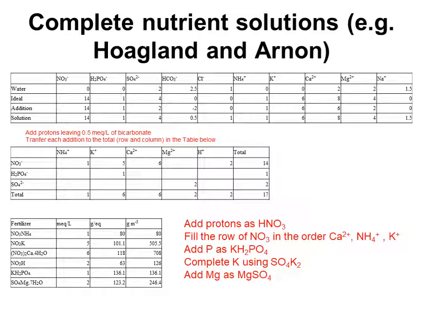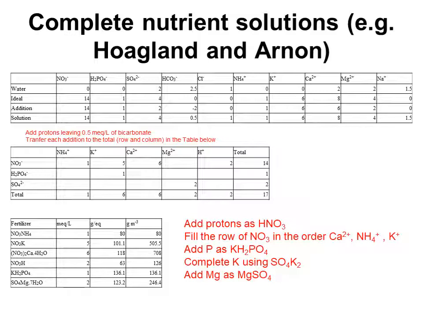Once we have calculated the addition like this, we will write this type of table where in the row we write the different cations, and in the column we write the different anions.